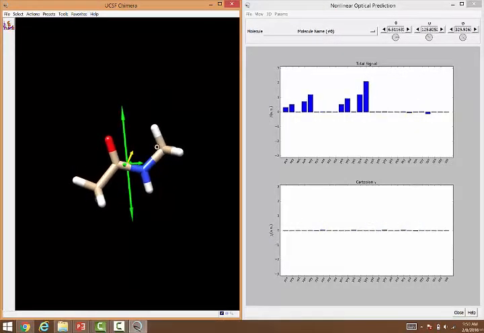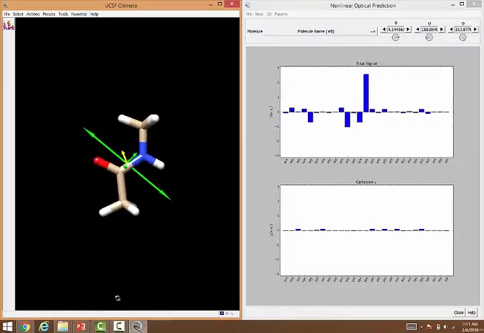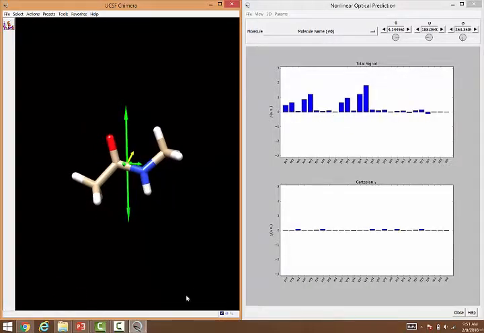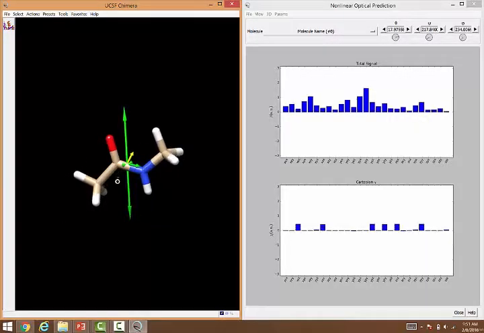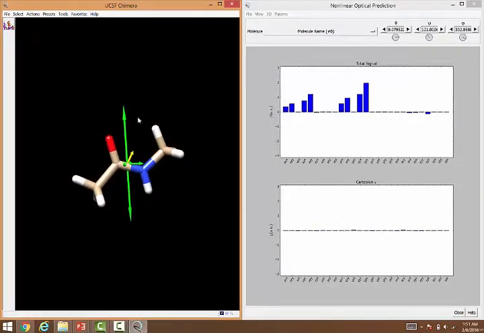And if we choose a reference frame like this, to give yourself a sense of reference frames, the horizontal axis is the x-axis, the vertical axis is the y-axis, and coming in and out of the page is the z-axis. We can describe this particular molecule in any reference frame just by moving it around. And so if we look at one that has the coordinate system such as shown here, what do we expect?